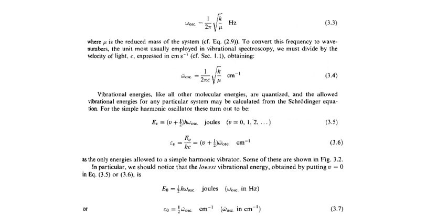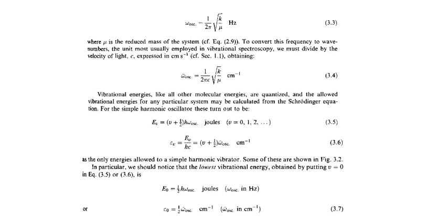This equation also you might have learned when you learned the case of a spring in mechanics. Now if you are to convert this into centimeter inverse, you divide it by c and you get omega oscillation bar, and that is given by 1 by 2 pi c root of K by mu, that much centimeter inverse.